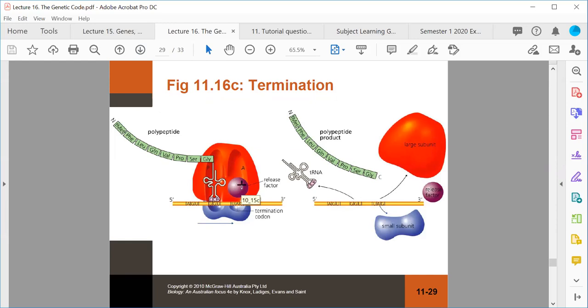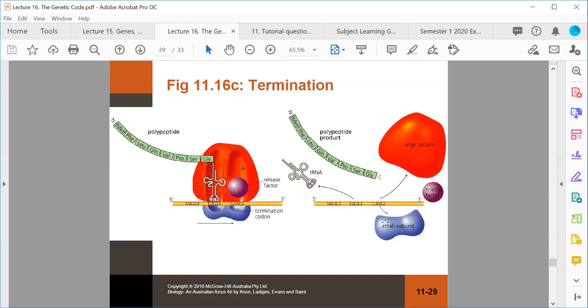Here's the release factor protein, and it will enable the detachment of the polypeptide chain from this last transfer RNA. All right, so what happens? Transfer RNA molecule leaves. Here is our completed polypeptide product. This is the amino end, and this is the carboxyl end of that polypeptide.